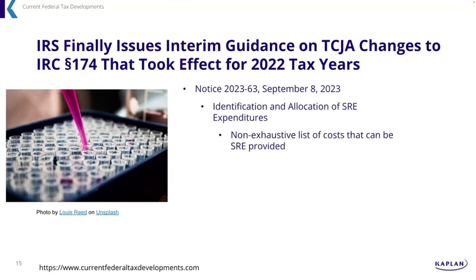Now, they then provide, in a section entitled essentially identification or allocation of SRE expenditures, a non-exhaustive list of costs that may be SRE costs. Again, not everything you do is going to be that, but you're going to figure out how much of these costs are properly allocable to resolving this uncertainty.